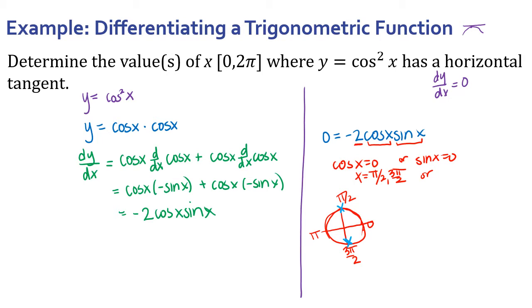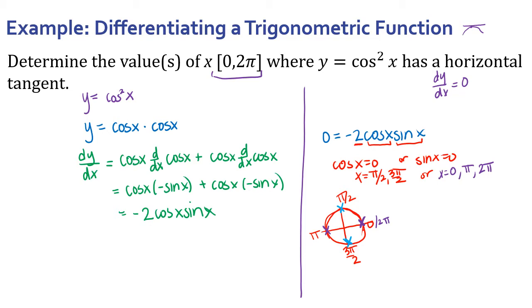And then where does the sine function equal 0? Sine deals with the y value. So the y values are 0 here and here, within this interval. It looks like I'm including both 0 and 2 pi. I would say that's going to happen at 0, pi, and at 2 pi, because this is also 2 pi all the way around.